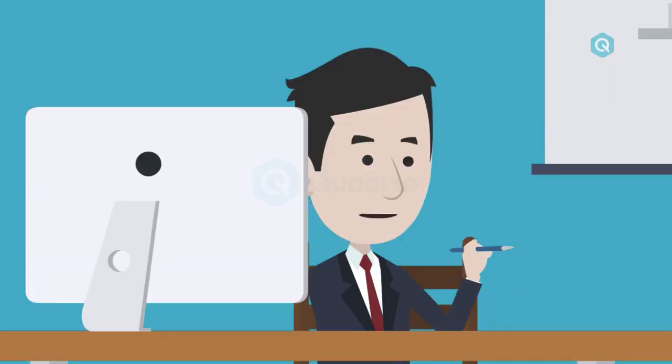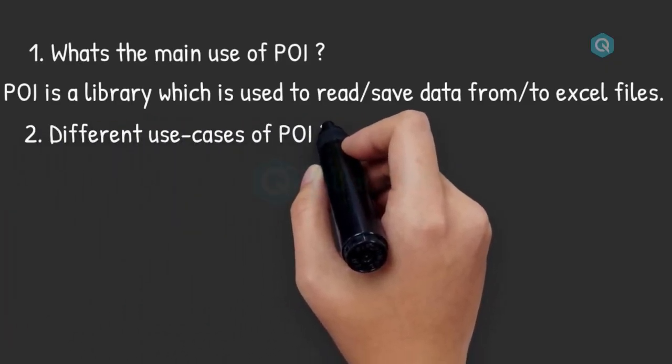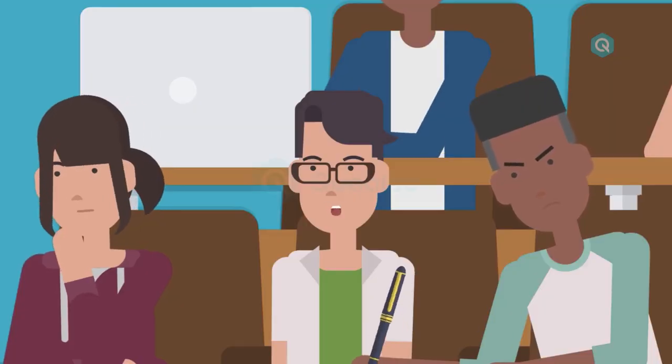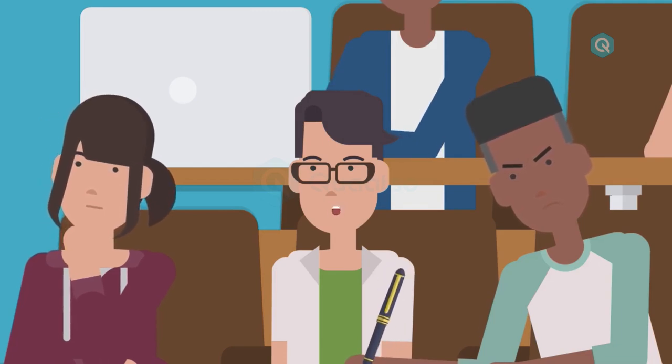Okay, the next question is, what are the different important use cases where we require programmatic reading and writing of MS Excel? Let me write this question first. Use cases of POI. I can remember, my banking website is providing my bank statements in Excel format. They must be using an API like this.